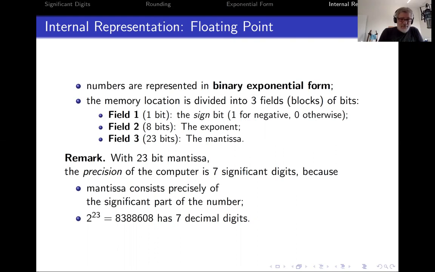The next 8 bits, second field, is for the exponent, or not quite. Actually, it's for the characteristic. I'm going to talk about that in just a sec. It's not quite the exponent, it's a tweak of the exponent. And finally, the 23 bits that remain will be the mantissa.